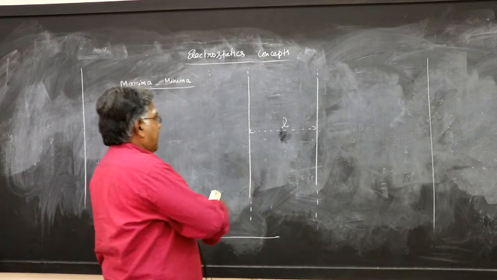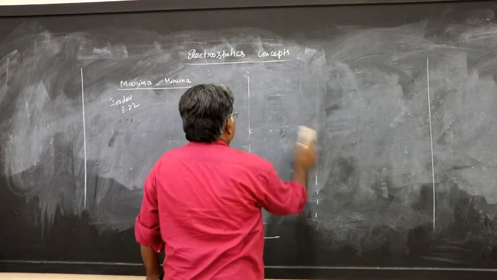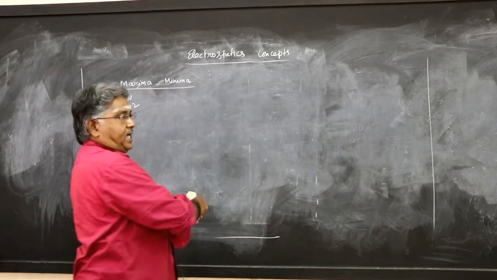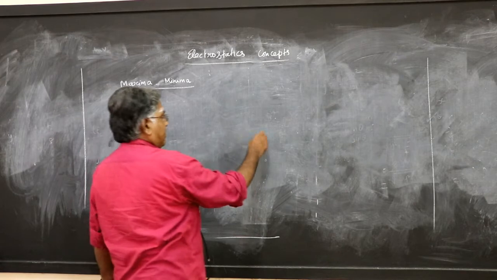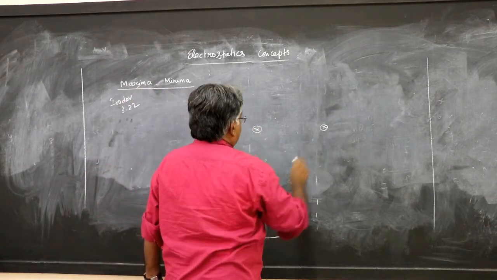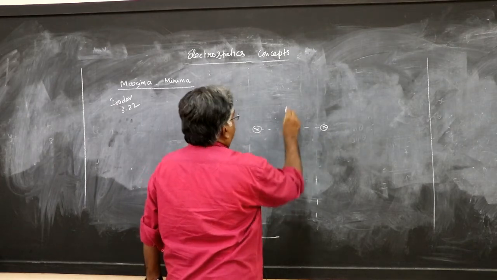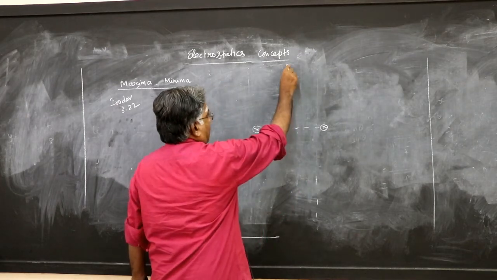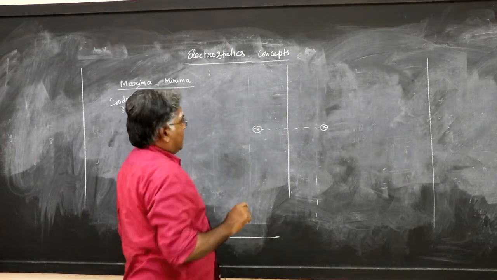Now we change the diagram a little. Let's say the lines of charge go into the plane. One line of charge, another line of charge, separated by a distance L, and the symmetry plane is shown like this, equidistant from the two.